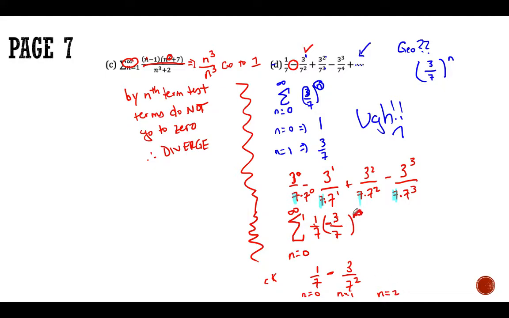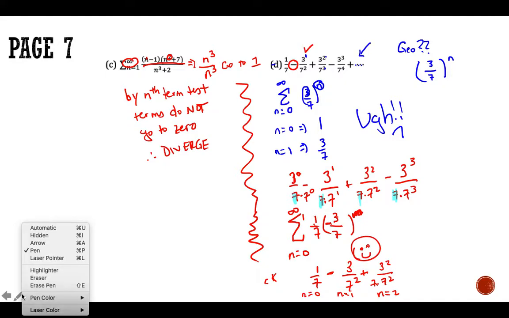When n is equal to 2, negative 3/7 squared is positive 3 squared over positive 7 squared, times 1/7, which means I've got 3 squared over 7 cubed, everybody's positive. Yay! Turn that frown upside down. I forgot what I was doing. Oh, right.